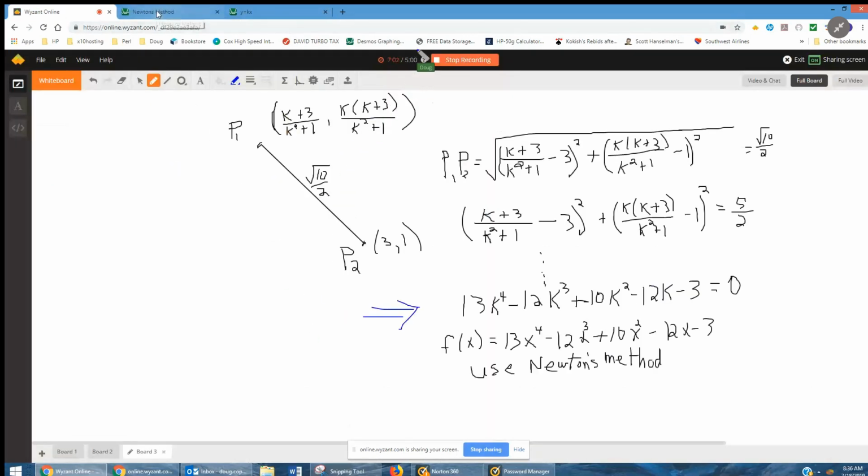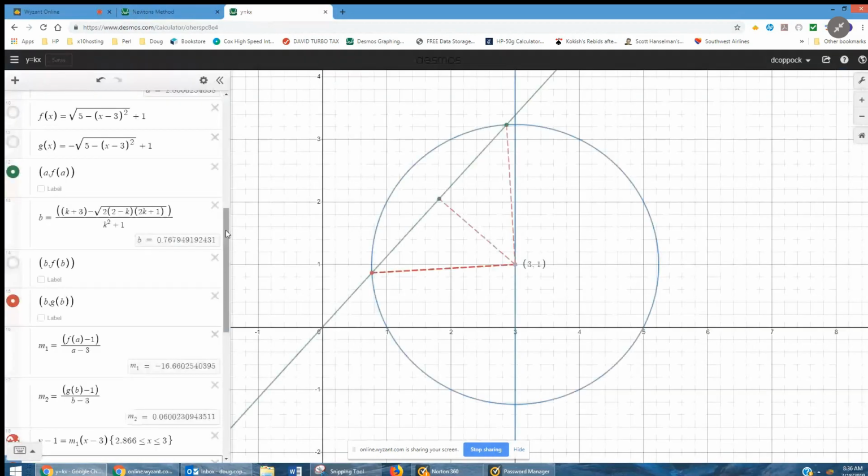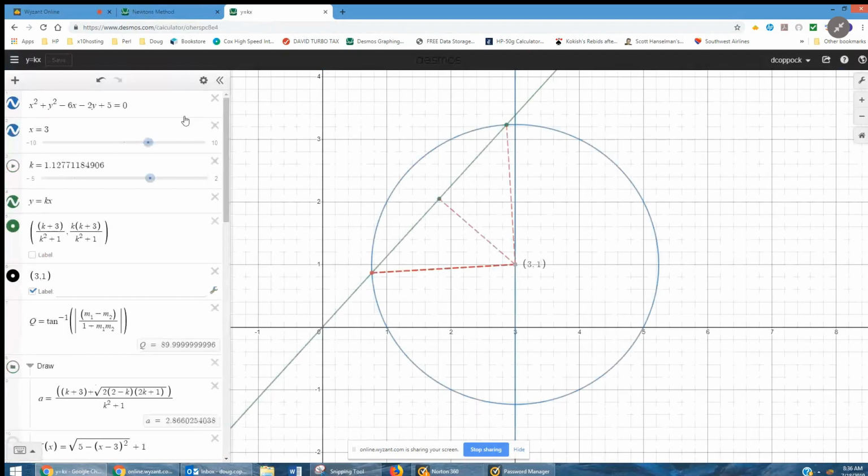And I'll go one more time to here. There is the value of k that I determined by Newton's method. And here I've actually calculated the angle between this red line and this red line.